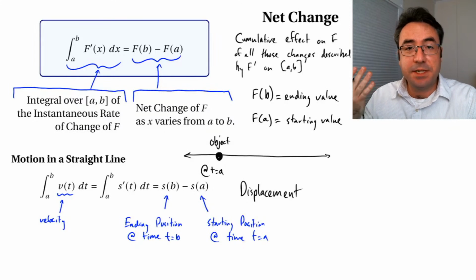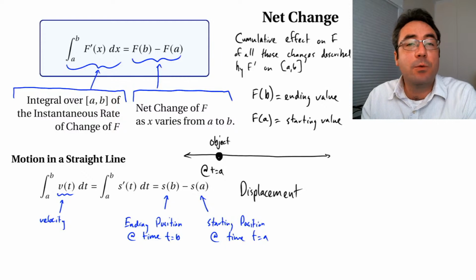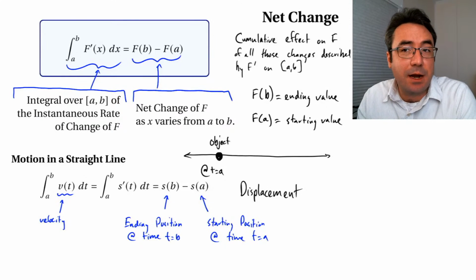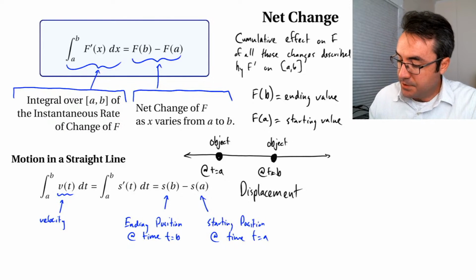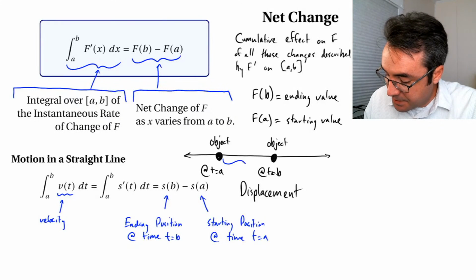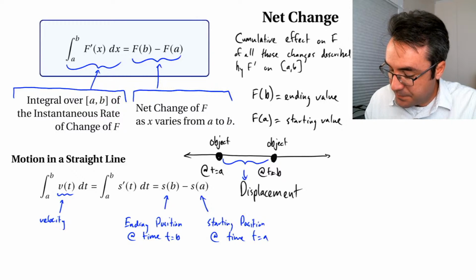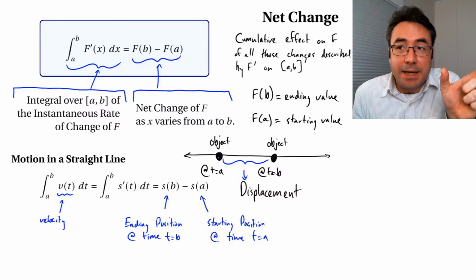And what displacement measures is, well, how far away are we from where we started, essentially. So here might be our object at time t equals b. And so what displacement is measuring is this distance here. That's our displacement.